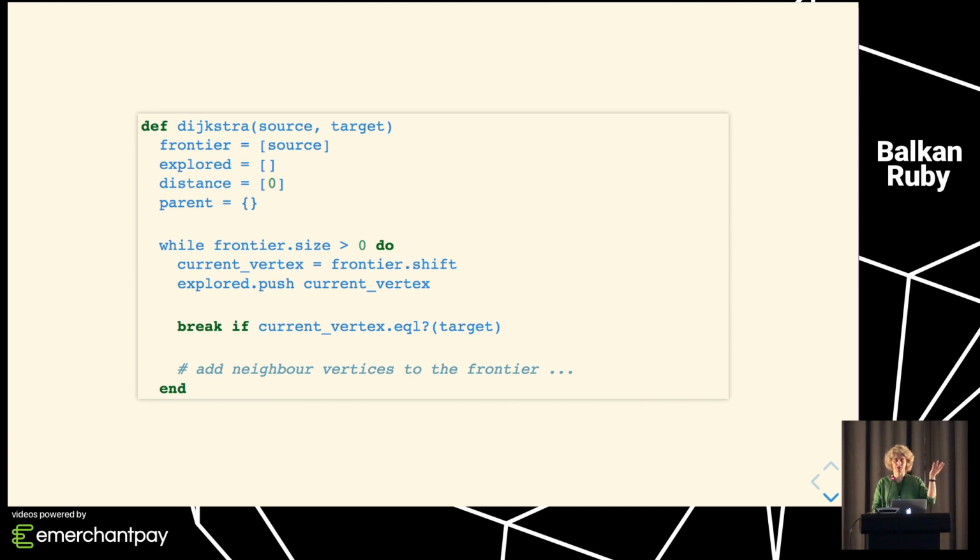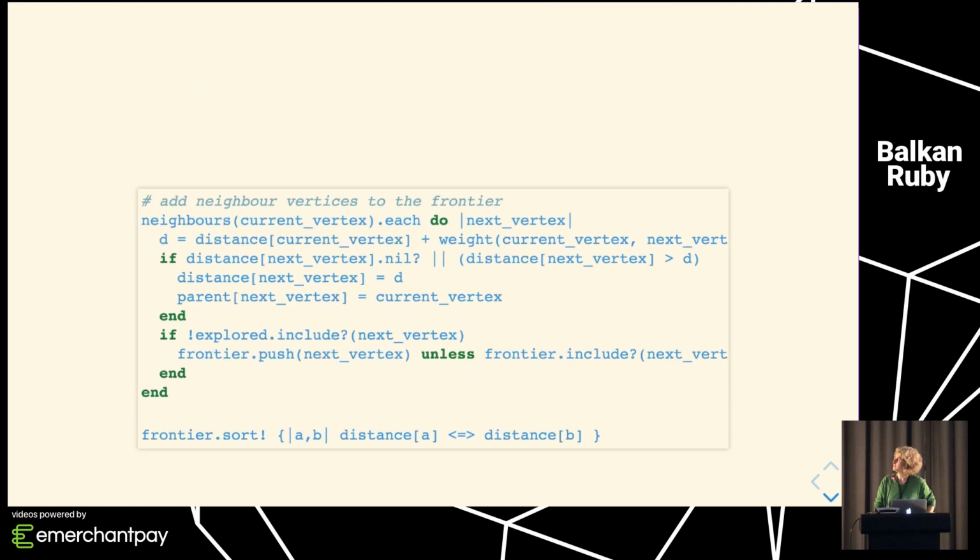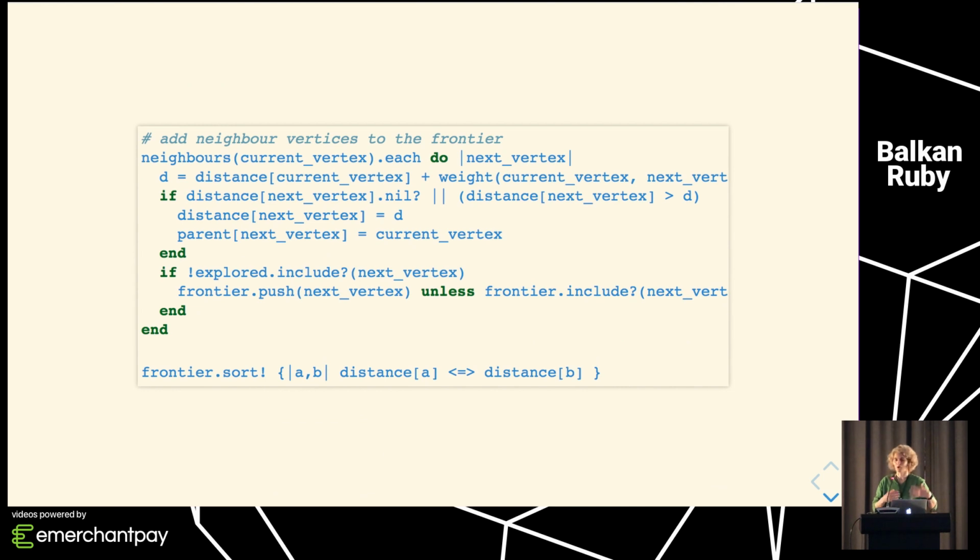You start from the source vertex and follow the frontier to explore the next vertices. The difference is always in how you calculate the frontier, which has to be the next vertex to consider. In this case, the algorithm becomes more complicated.